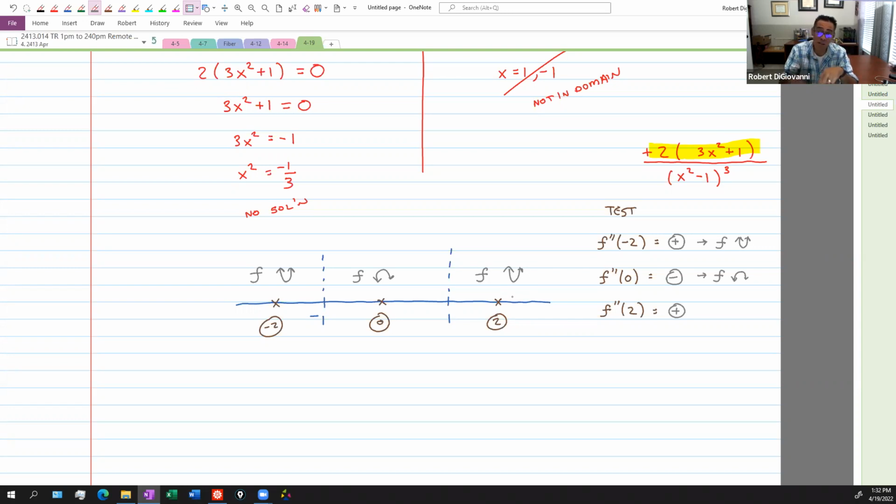So even though it looks like I have inflection points, I do not. All right, so no inflection points, because -1 and 1 are not in the domain of f.